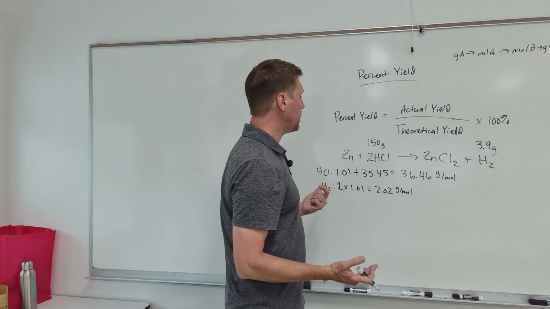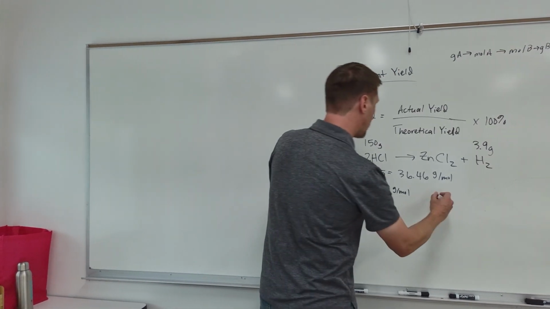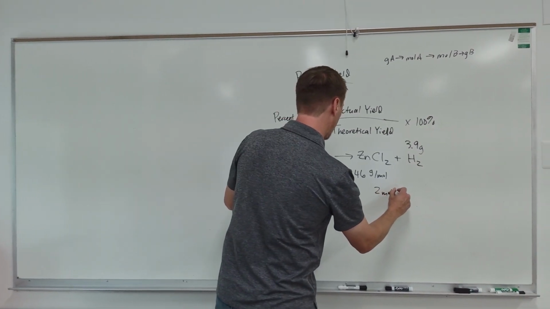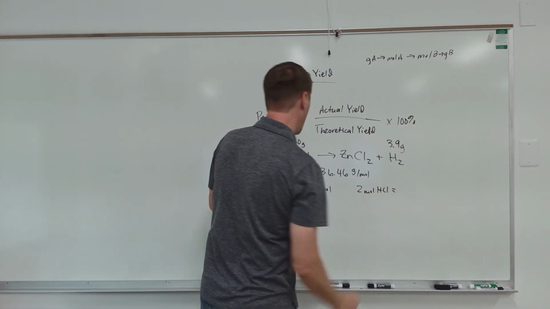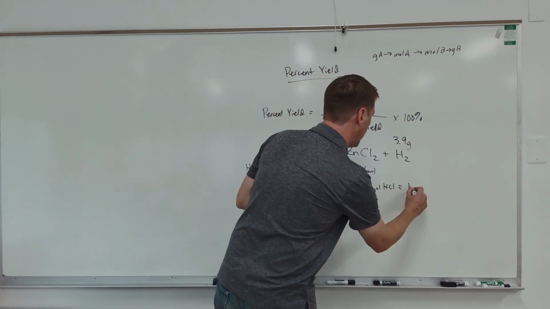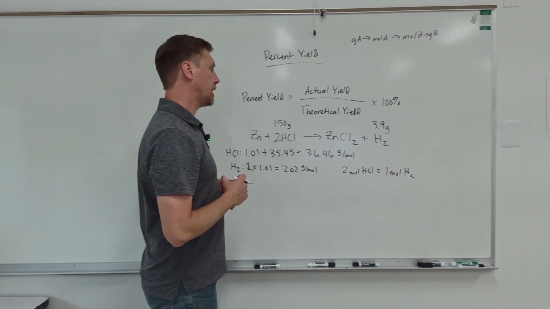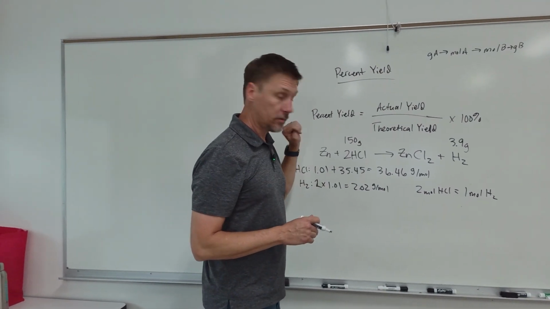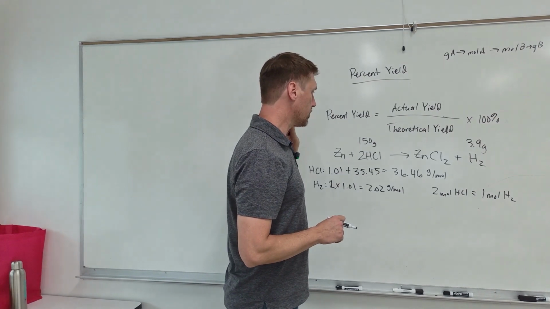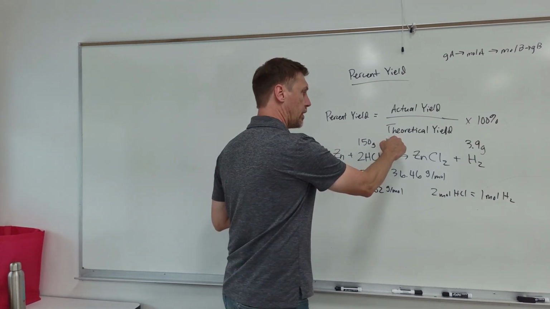And then finally, the other thing we need to know is that for this chemical equation, if we have 2 moles of HCl, it will produce 1 mole of H2, right? That's everything that we should need in order to calculate the percent yield, all right? Because that's what's going to give us the theoretical yield.